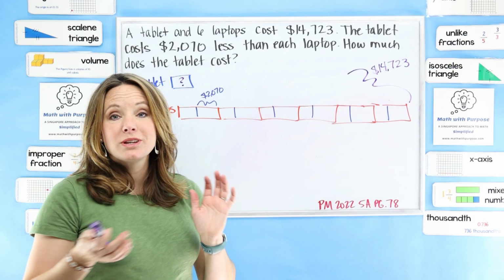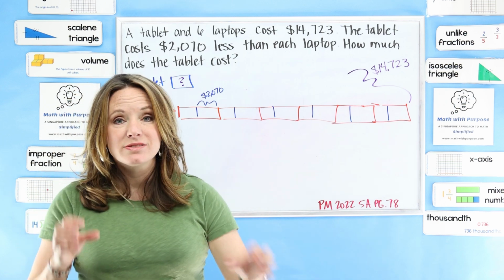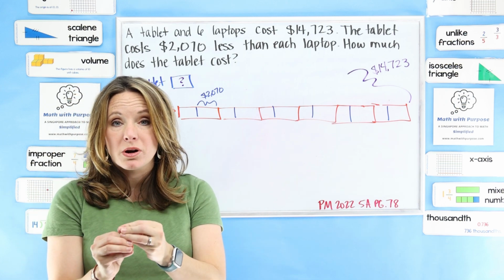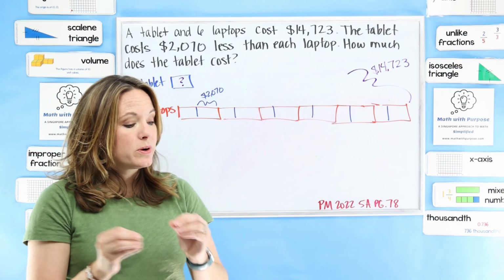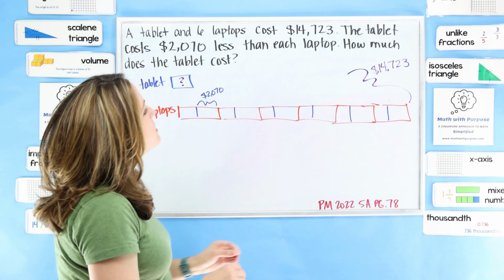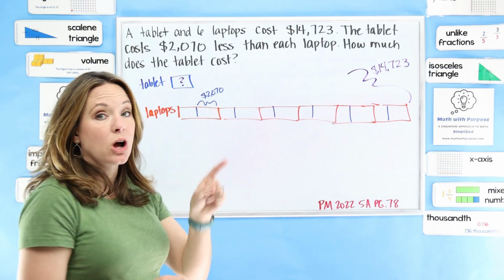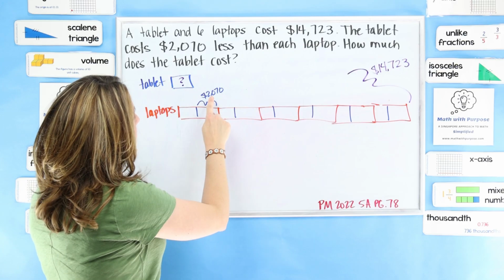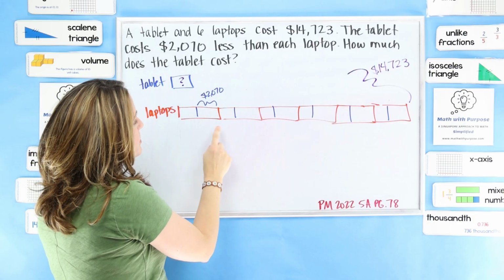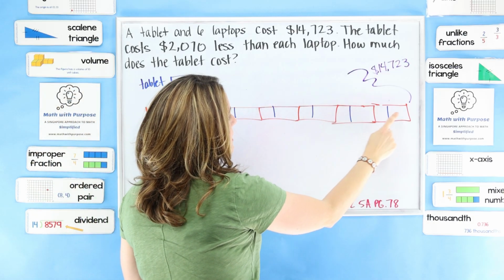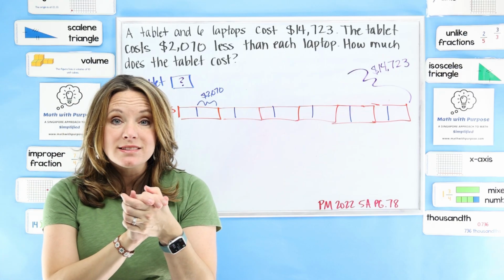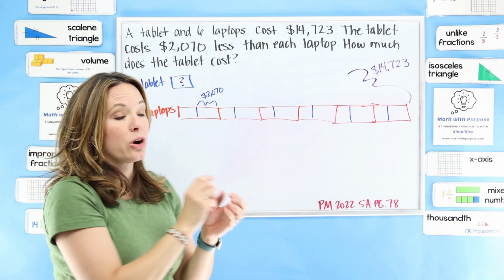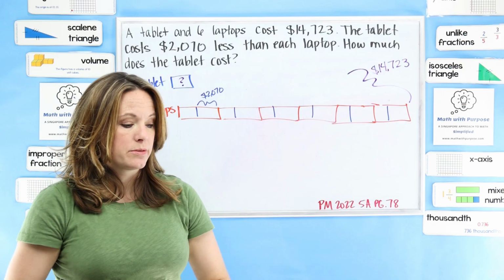I mentioned to you that we can use what we see here to kind of take that picture and isolate the parts that we know and isolate the parts that we don't know yet. So when I'm looking at this picture and I'm noticing something, we have a dollar amount that we can use. We have this 2,070 repeated 1, 2, 3, 4, 5, 6 times. If I can find that dollar amount, it's going to isolate the other pieces that are repeated 7 times.